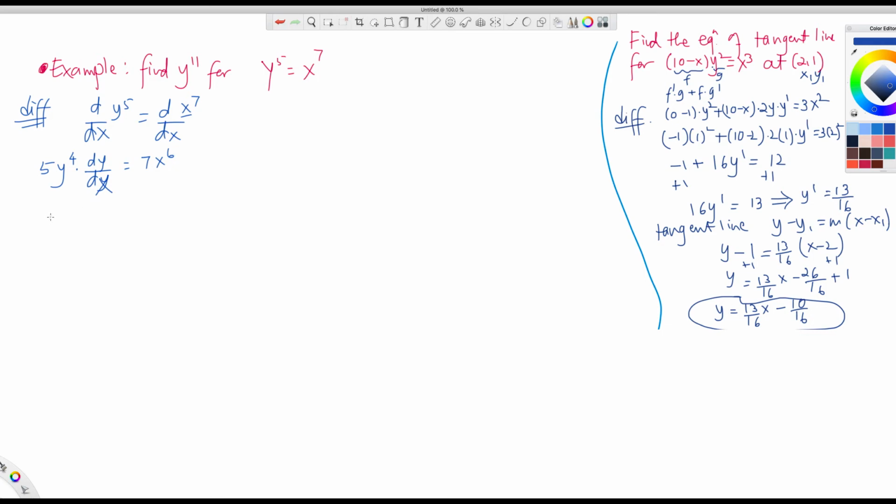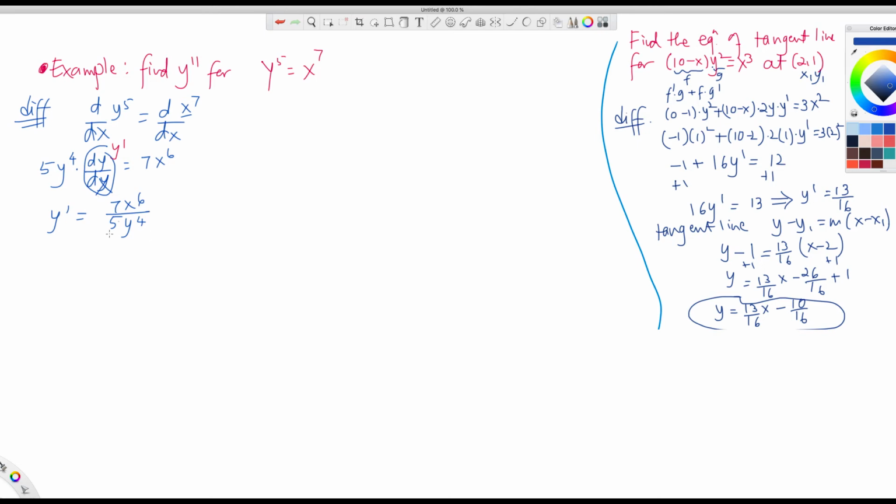So what you get there is dy over dx, you can write y prime, okay? This is exactly the same as y prime. So let me write y prime, that's fine. y prime equals 7x to the 6 over 5y to the 4. You see that?